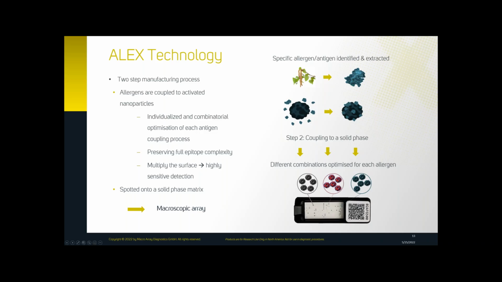In a first step, the allergens are coupled to activated nanoparticles, and this allows for individual and combinatorial optimization of each antigen coupling process. Each antigen is attached, reflecting its biochemical properties and specific requirements for stability, which preserves the full epitope complexity of the source preparation.